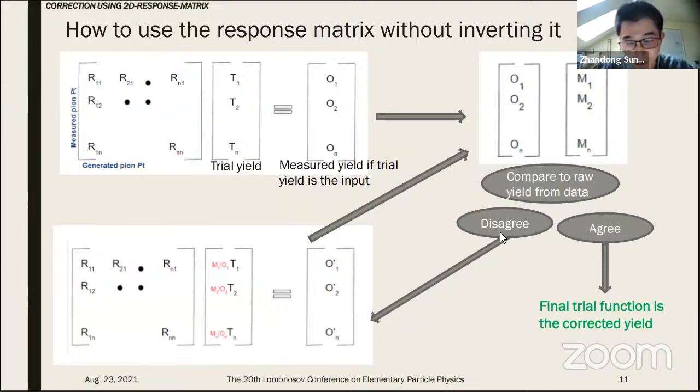If they don't agree, then the ratio between them will be fed back to the trial yield, and we will measure it again. The new measured yield will be compared again to the raw yield. We do this for several iterations, and eventually the measured yield will converge to our raw yield from the data. At this moment, the final trial function would be the corrected yield.